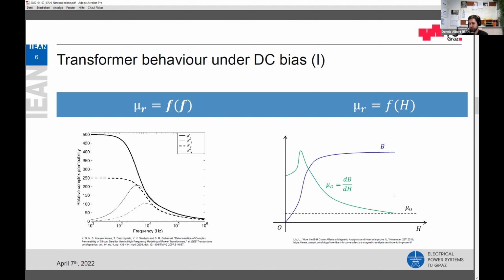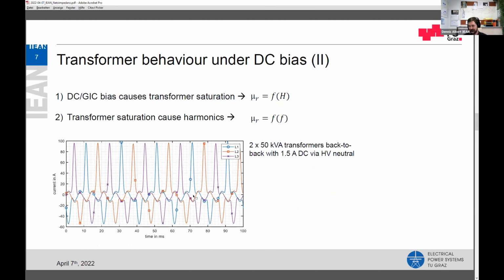So if we drive the transformer core into saturation, the magnetic permeability drops, and this behavior is accompanied by increasing, let's say, harmonic content, which also reduces the magnetic permeability. So we are changing the transformer impedance.